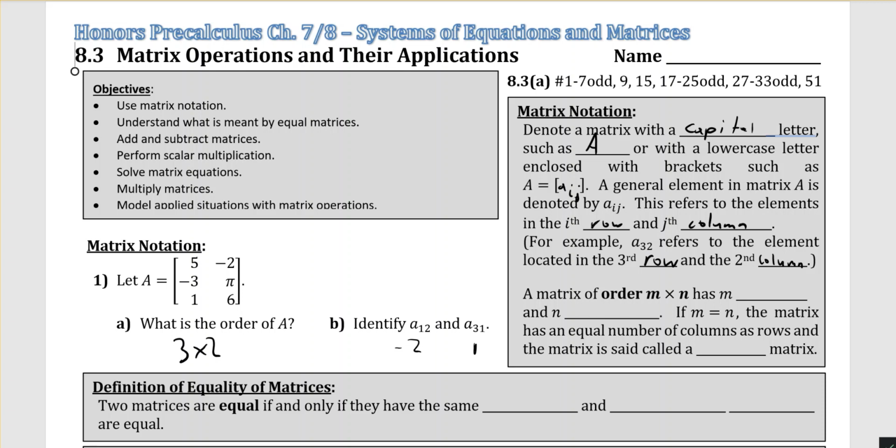And when we talk about the order, again, m by n has m rows and n columns. If m equals n, the matrix is called a square matrix.